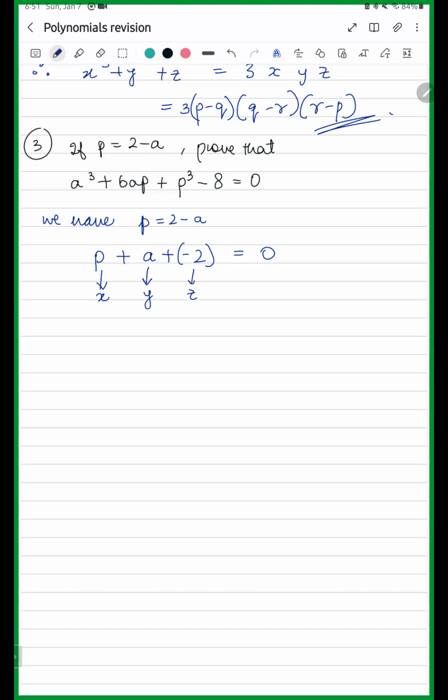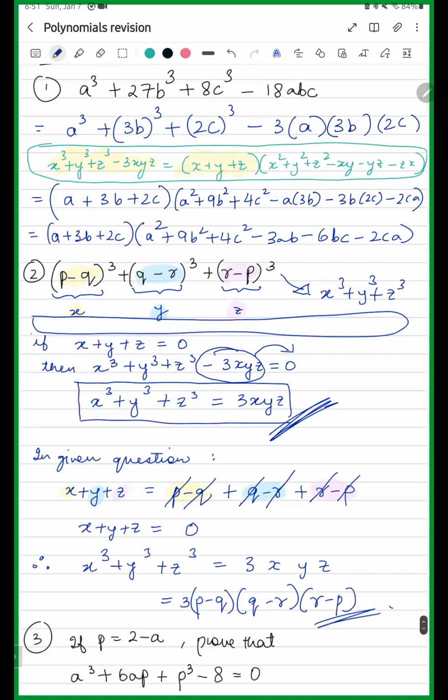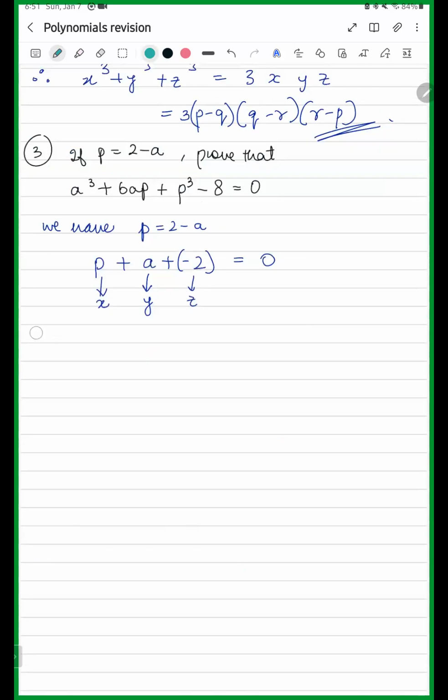And again, first you write this entire identity, okay? Let's write it together. We know that x cube plus y cube plus z cube minus 3xyz is equal to x plus y plus z into x square plus y square plus z square minus xy minus yz minus zx.